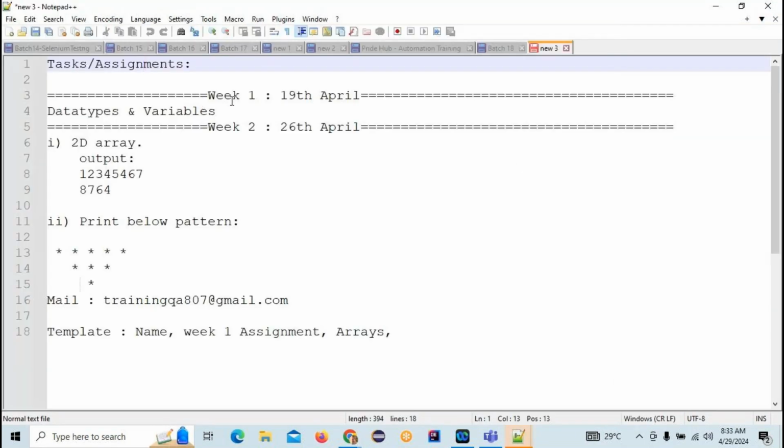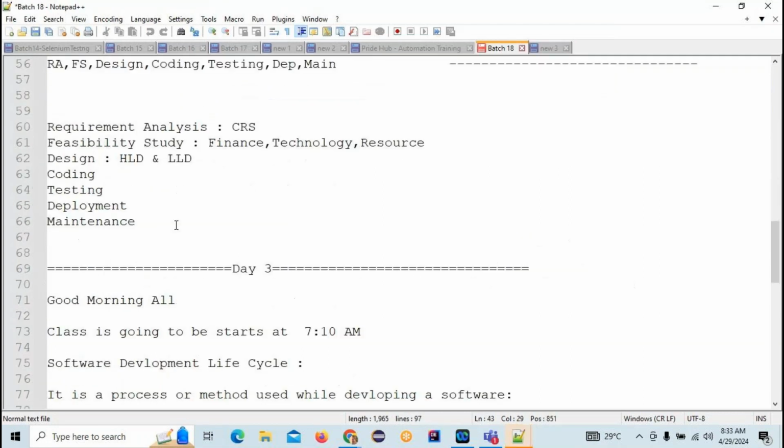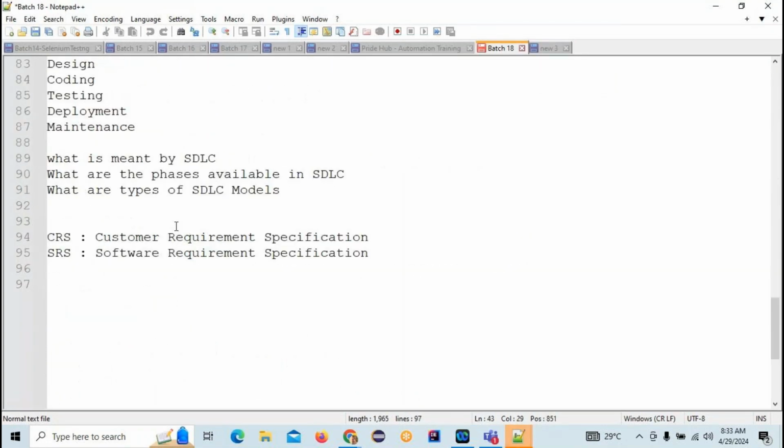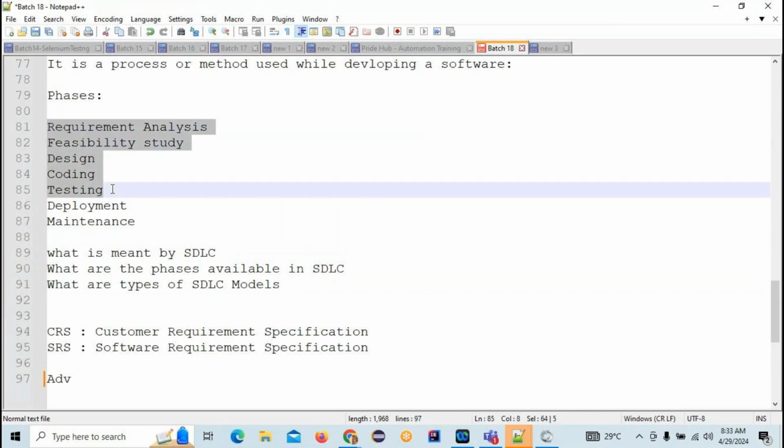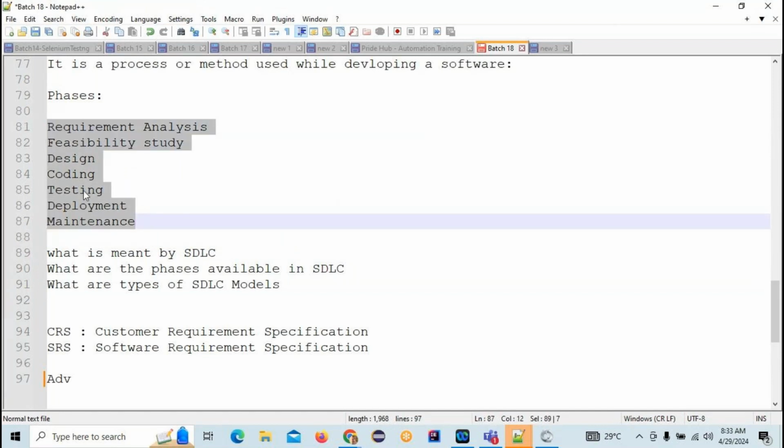Are you able to see the notepad screen which I'm sharing? Yes, sir. Here you can see these are the phases.